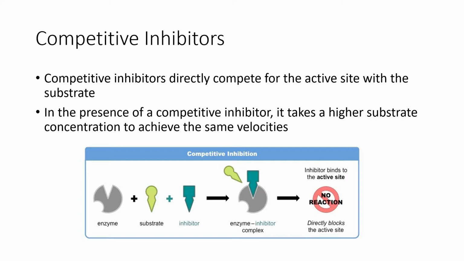So starting with the competitive inhibitors, as the name implies, these are the inhibitors that directly compete for the active site. So here you can see that we have our gray enzyme with a triangular active site that fits not only our substrate, but also an inhibitor.